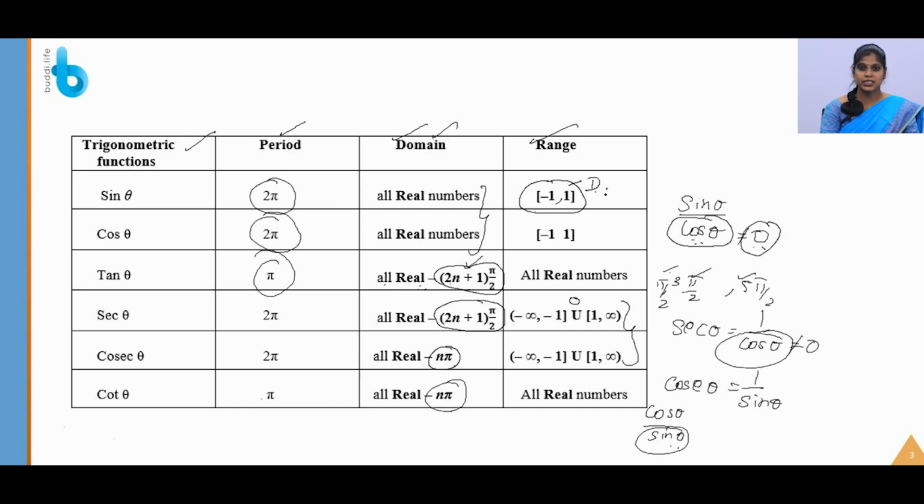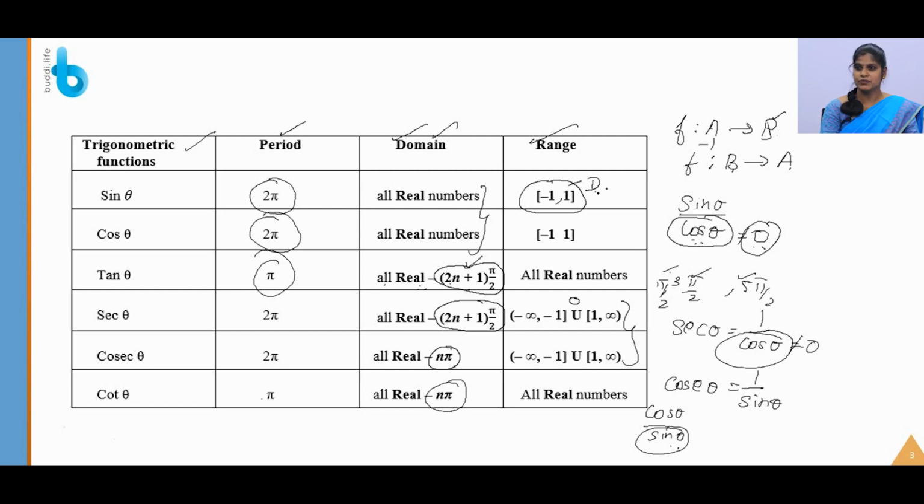We have learnt in the inverse functions in chapter 1: if a function is from A to B, then f inverse will be the function from B to A. That is, the domain of the function will become the codomain of its inverse, and the codomain of the function will become the domain of this inverse function. The same thing here also.